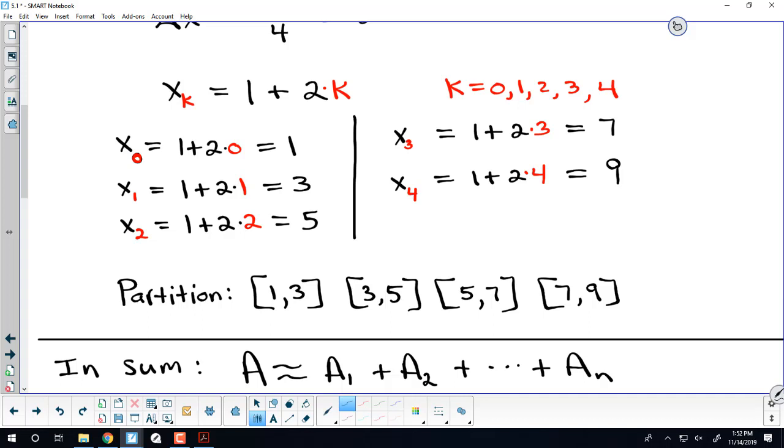Yeah, we could have just drawn that out. There's only 4. It wouldn't be that difficult to draw those out. If you want to draw it out just to verify that the length of each rectangle is 2, the first one is from 1 to 3, the second one is 3 to 5, then you can do that.